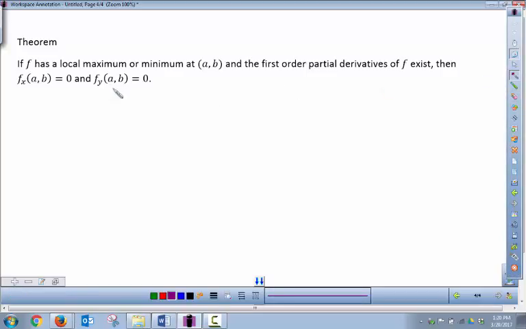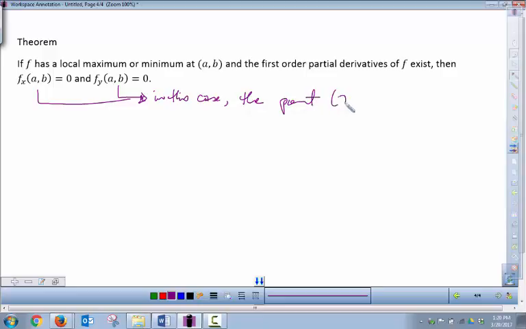And so in this case, the point AB is called a critical point.